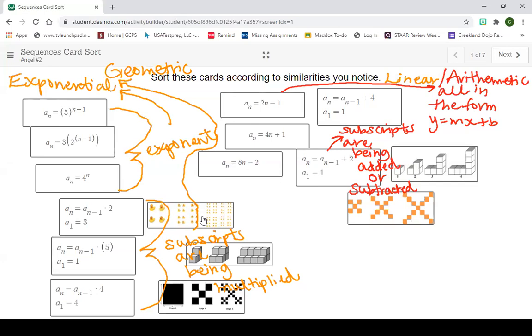So exponential, geometric, right? That's the same, or linear arithmetic, and that's the same. So that's what you have to know. You have to know each formula, and you have to know how you can pick out which formula to use.